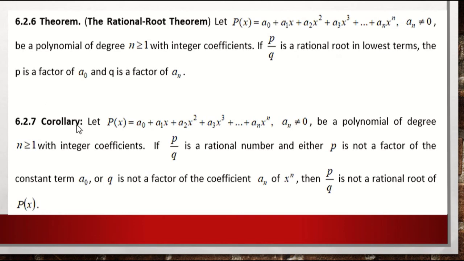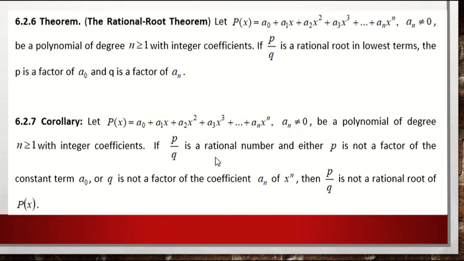Okay, corollary. Let p of x is equal to a sub 0 plus a sub 1 x plus a sub 2 x squared plus a sub 3 x cubed up to a sub n x to the power of n, where a sub n is not 0, be a polynomial of degree n greater than or equal to 1 with integer coefficients.